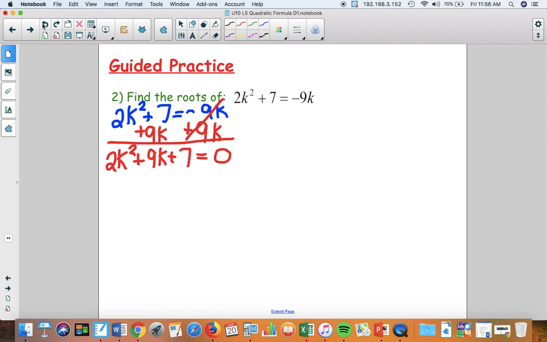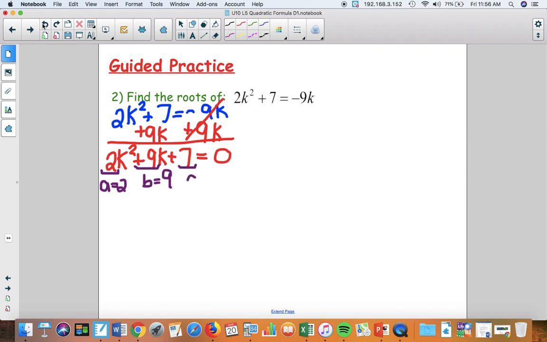So now we can identify A, B, and C. So A is what's in front of the squared term. So A equals 2. B is next to the k, so B equals 9.